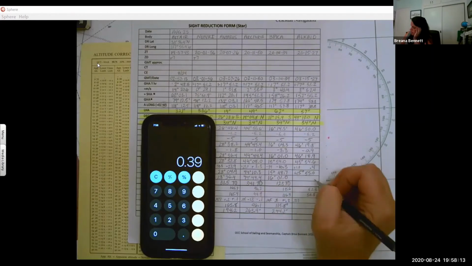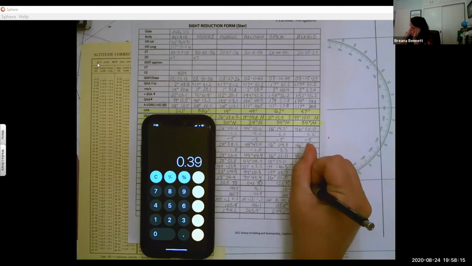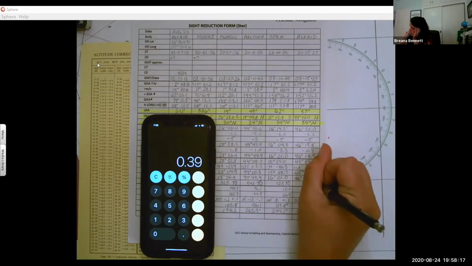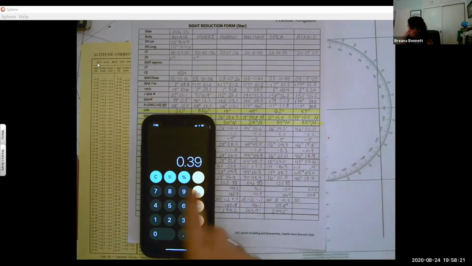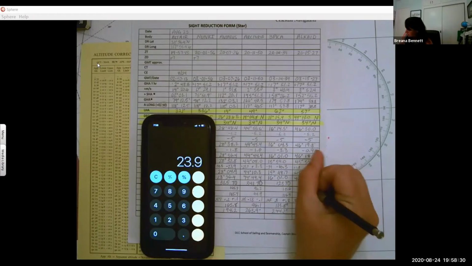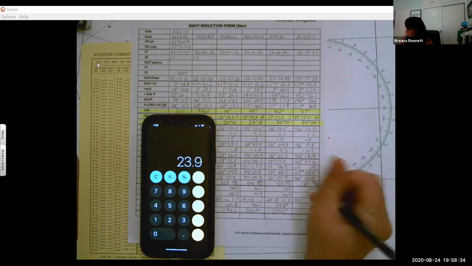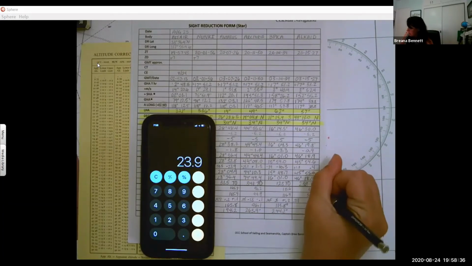We move our HO down, 46, 18.9. So we have 18.9 plus 60 minus 55, which gives us 23.9, and that is towards.